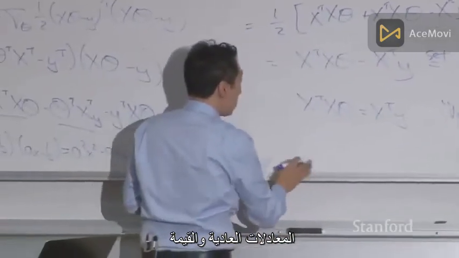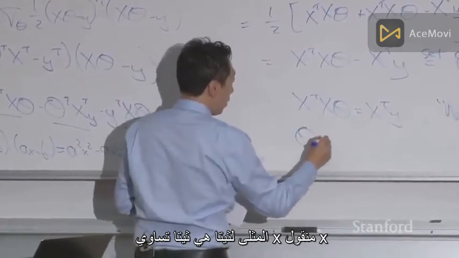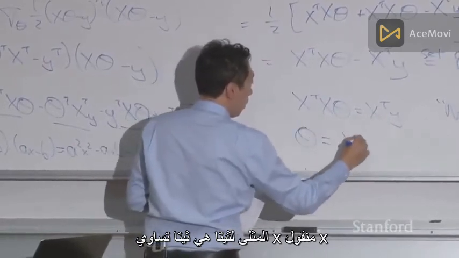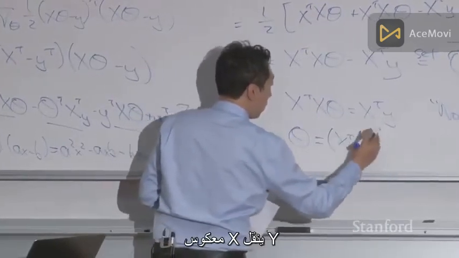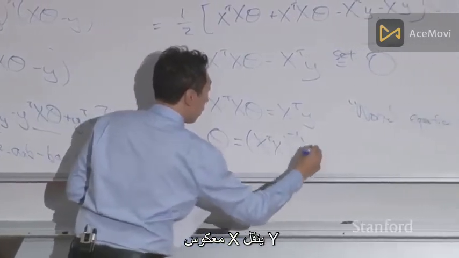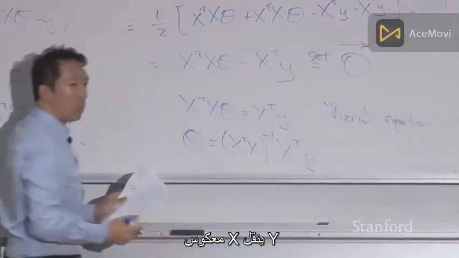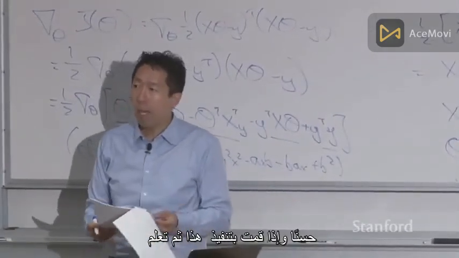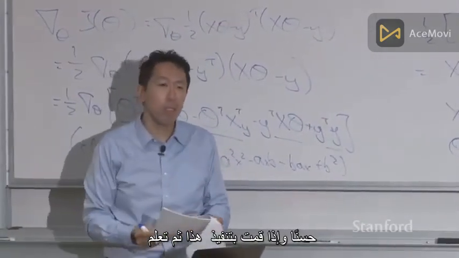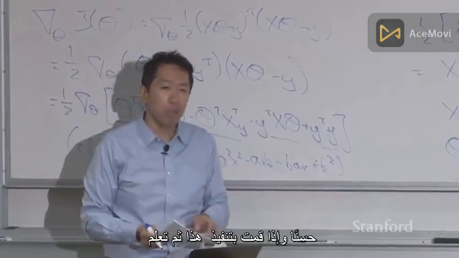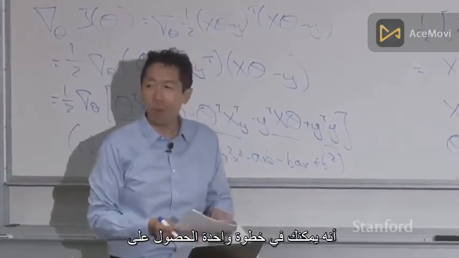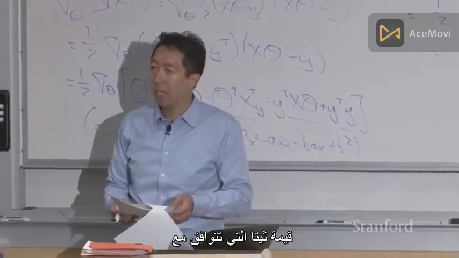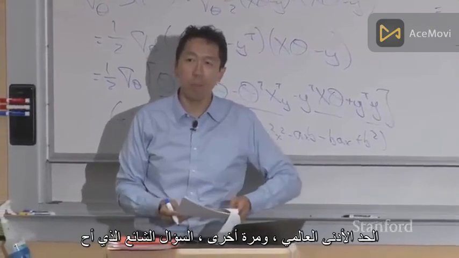And the optimum value for theta is theta equals (X transpose X) inverse X transpose y. Okay. If you implement this, then in basically one step you can get the value of theta that corresponds to the global minimum.